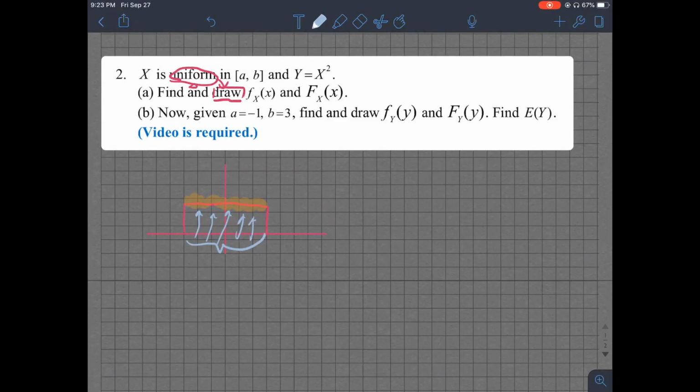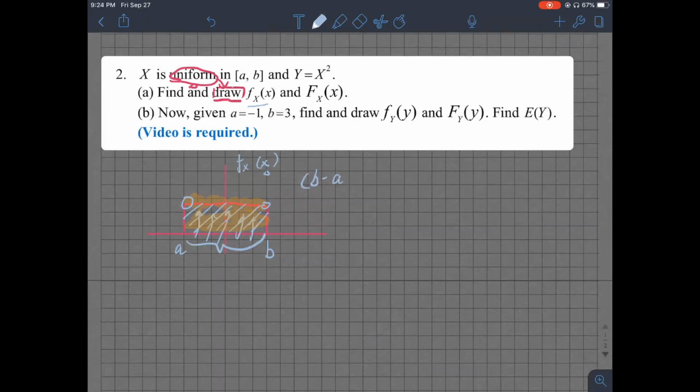Okay, so for now we have the first question. We have already drawn the f_x. This is simply to denote which point has which value here. And we know that the interval is from a to b. Then we know that the square, sorry, the area of this rectangle equals 1.